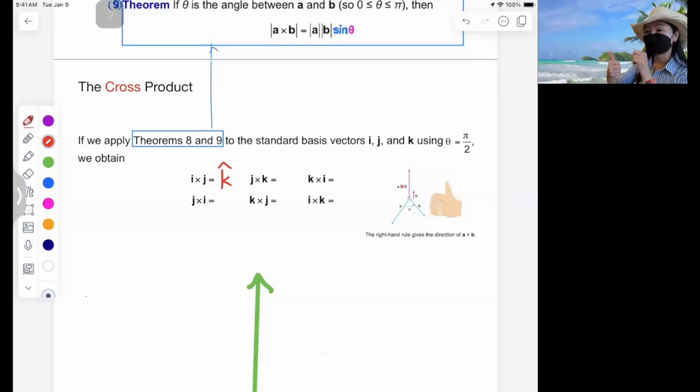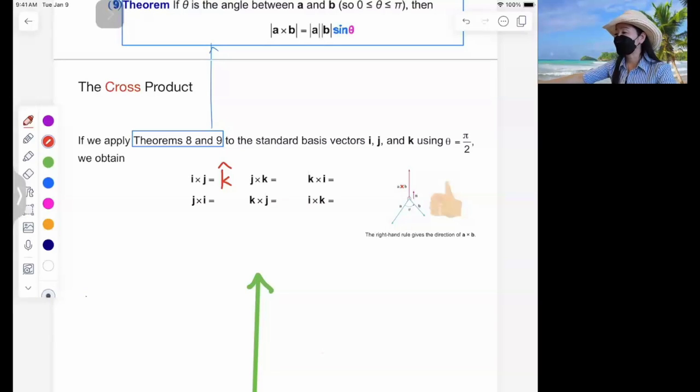And the magnitude should be 1, because sine of pi/2 is 1, and the magnitude of A and magnitude of B are both 1. So 1 times 1 times 1. So the magnitude of i cross j is 1, in the k direction. All of these actually have magnitude 1.